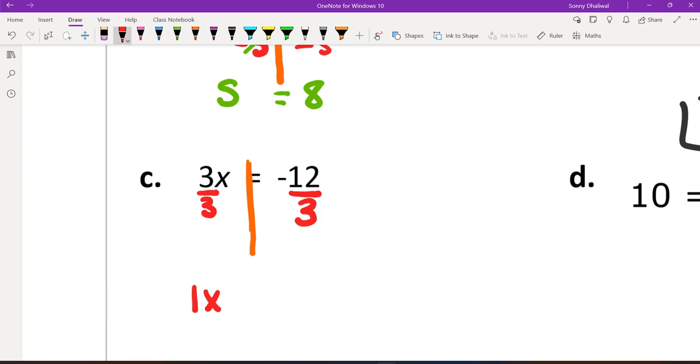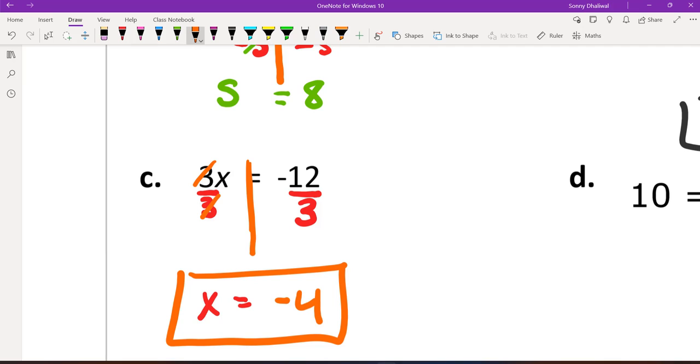Oh, because it would be the same. Yeah. Okay, yeah. So just an x, right? Because those go away. And what do we have on the other side? What's -12 divided by 3? -4. Right? And that is the math behind it. You can see it by looking at it, but when it gets harder, you need to be able to do this calculation, right, Henry? Easy peasy, right?